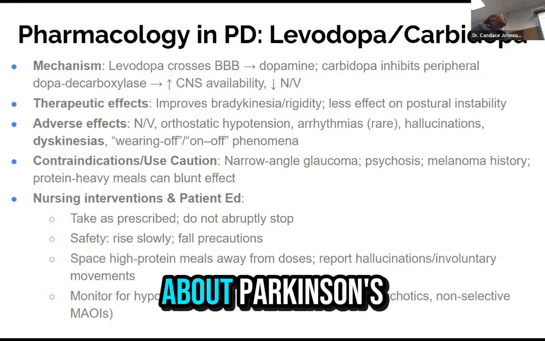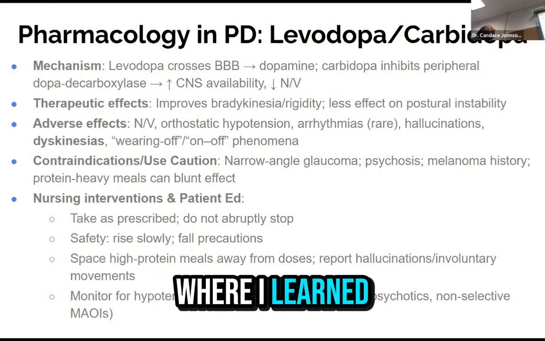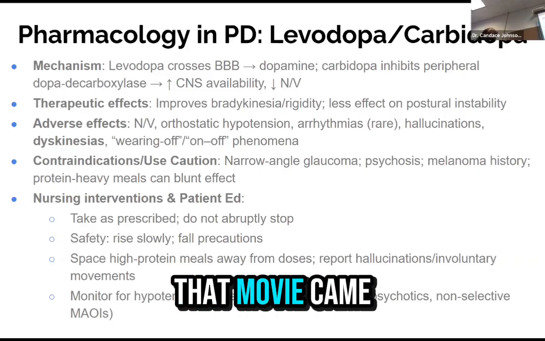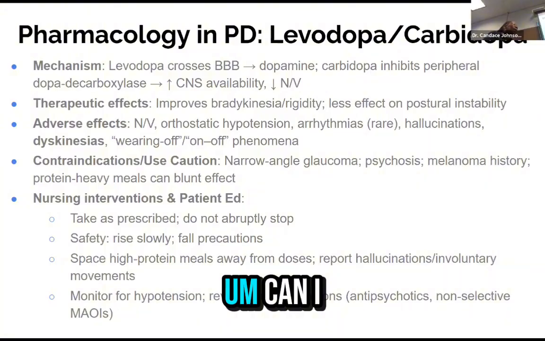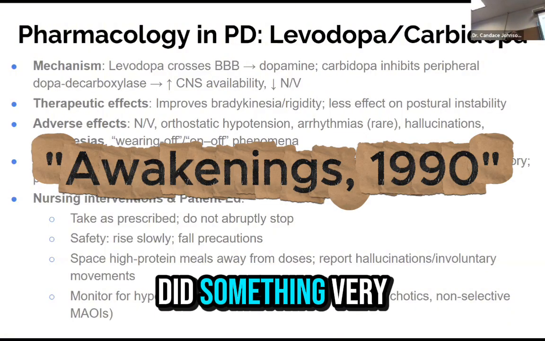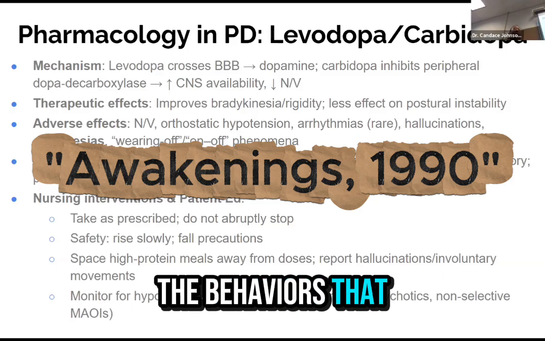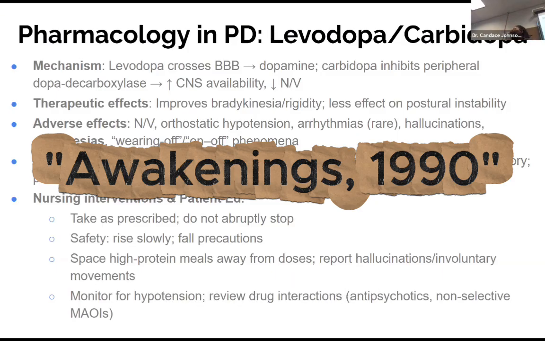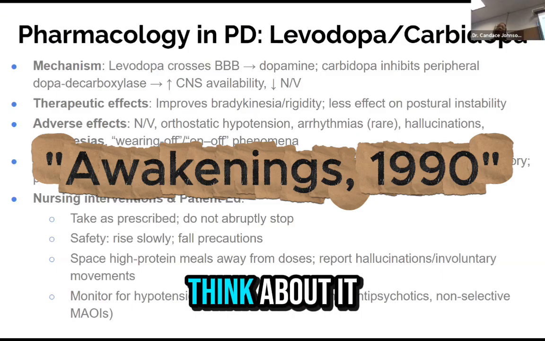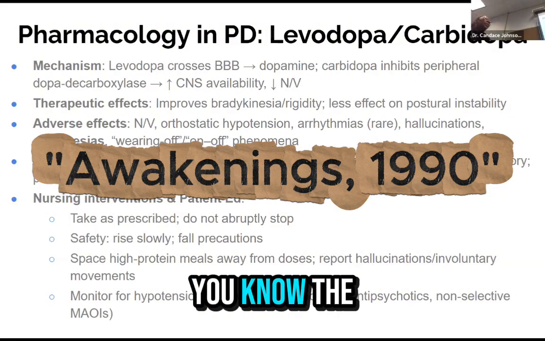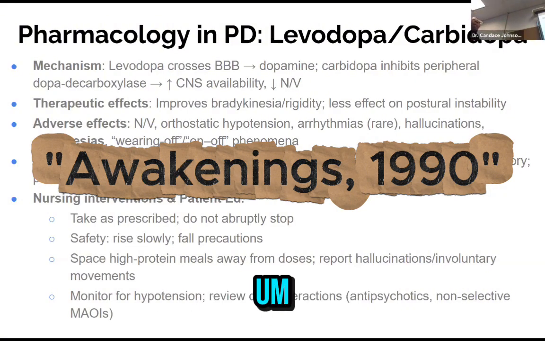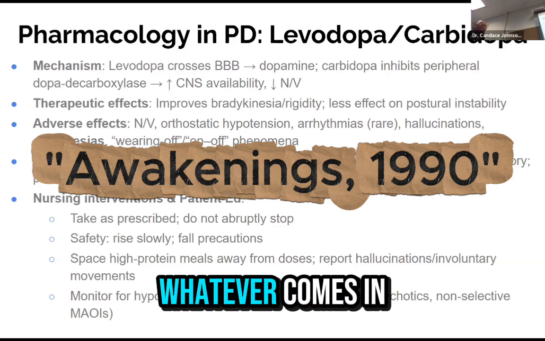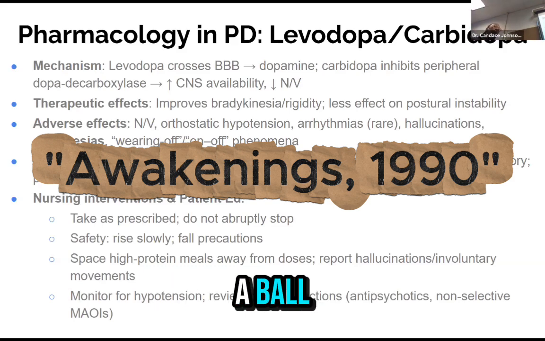Levodopa, carbidopa. There's a movie about Parkinson's, and that's where I learned about levodopa. I was a kid when that movie came out, and I thought, oh, fascinating. Can I remember the name of it? I should, because this is where I learned about the behaviors that they do. Anyway, at one point, the patient's not moving, they're being super flat, and then some scientist comes in and throws the patient a ball right out of the blue.